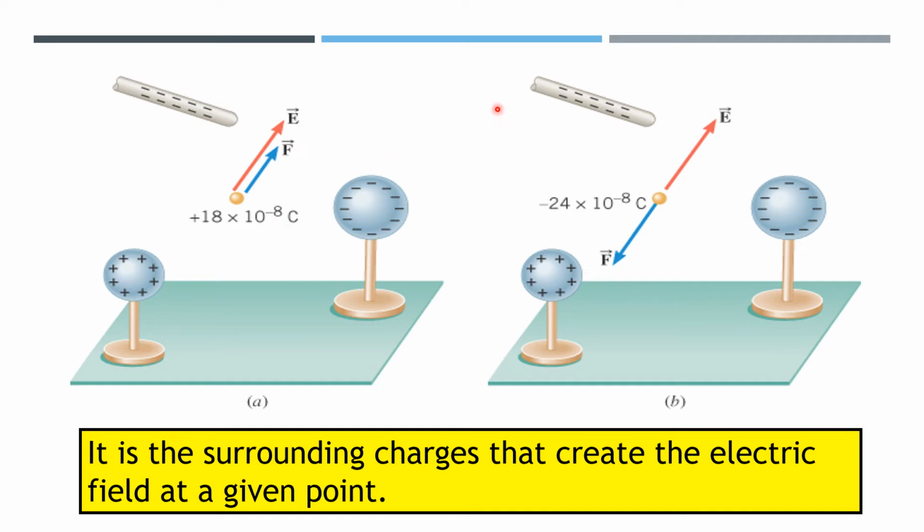All right, so this particular illustration shows us that whenever we have three possible sources of electric fields, such as in the first illustration, supposing we have these two fixed metal plates, one is positively charged and the other is negatively charged, and there is a negatively charged rod here.